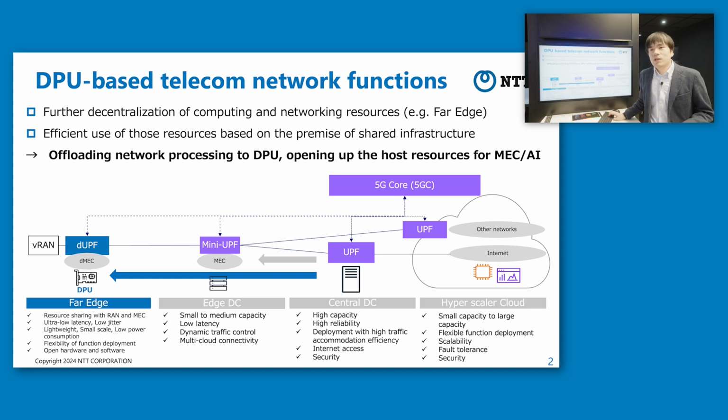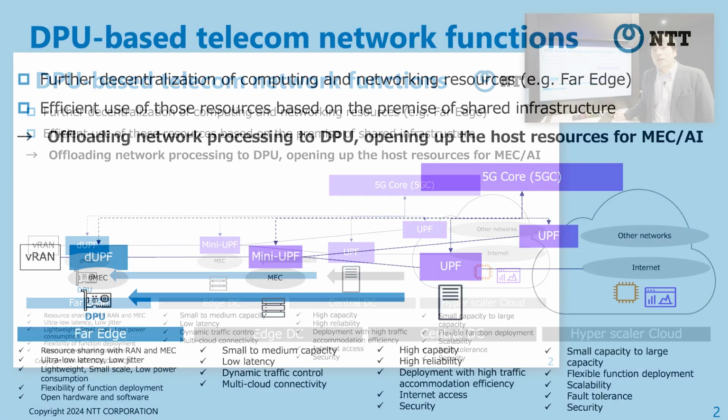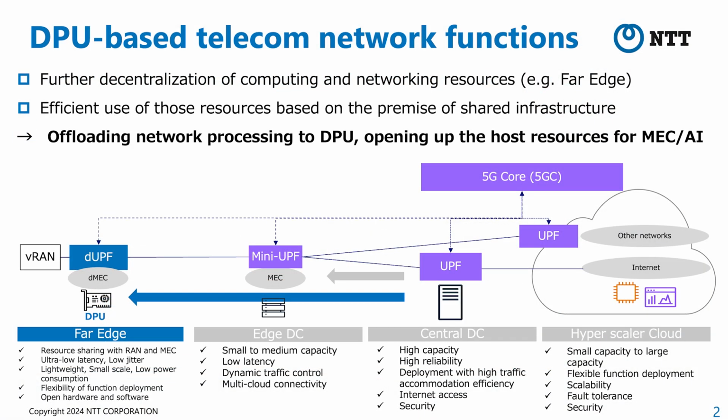And as you may know, computing platforms will become more decentralized toward beyond 5G and 6G, and various functions and services will be deployed at the far edge, a site located physically closer to the user devices than the current edge cloud design pattern. And in this far edge, efficient use of computing and networking resources is one of the most important requirements for telecom operators.